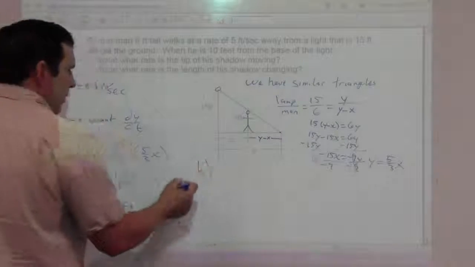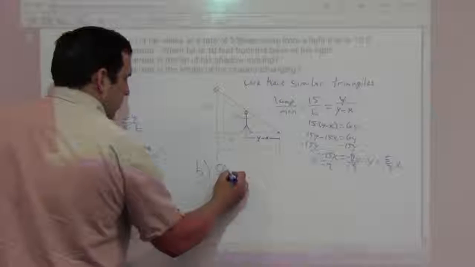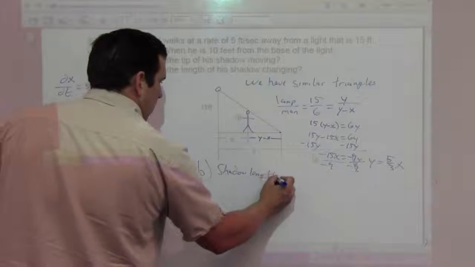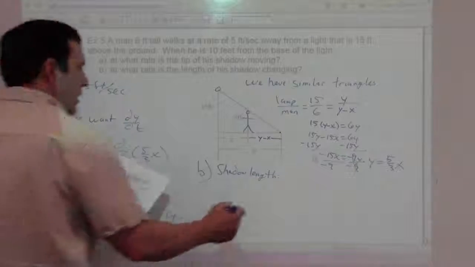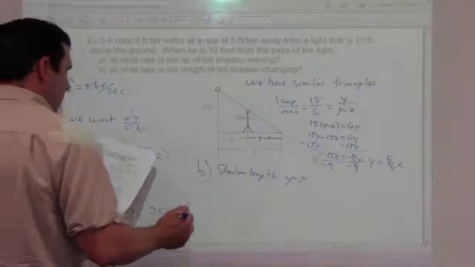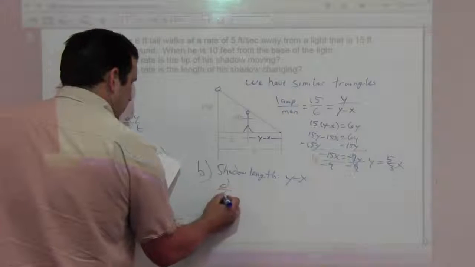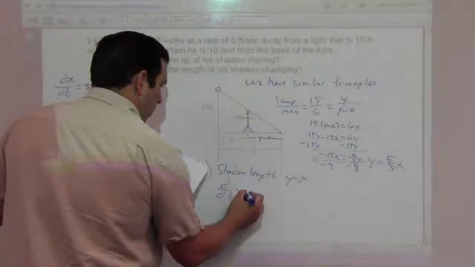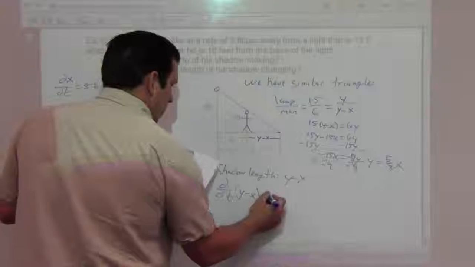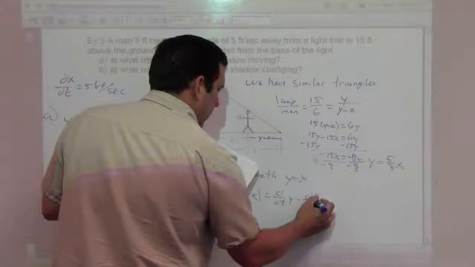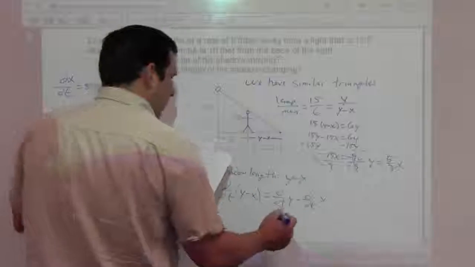Now for part B, shadow length. Shadow length is y minus x, as we see here. So our d dt of y minus x, it's d dt of y minus d dt of x.